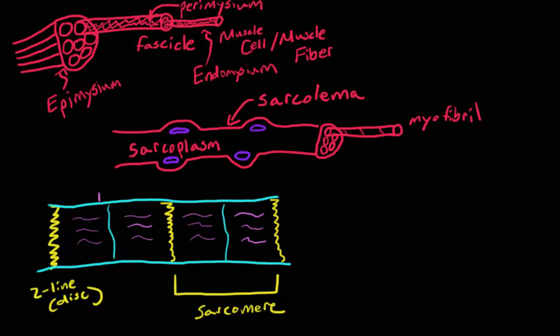First, the area in this location we will call the A band. So there's one A band. This would also be an A band. And the area surrounding the Z lines or Z discs would be called the I band.